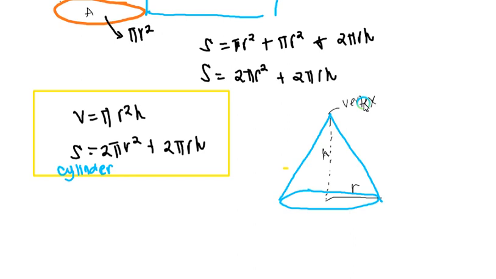Okay, kung kagina sa previous naton nga discussion about the volume of the cylinder, nakita naton ang aton volume as pi r squared h para sa cylinder. We can think of a cone as part of a cylinder. So that means pwede ta siya i-consider as part of a cylinder.